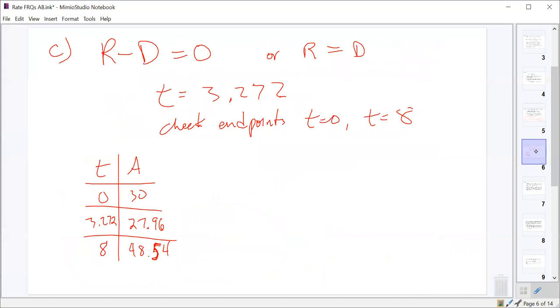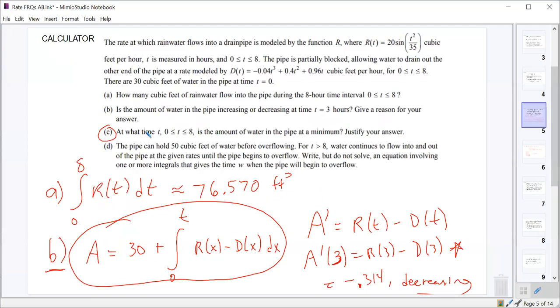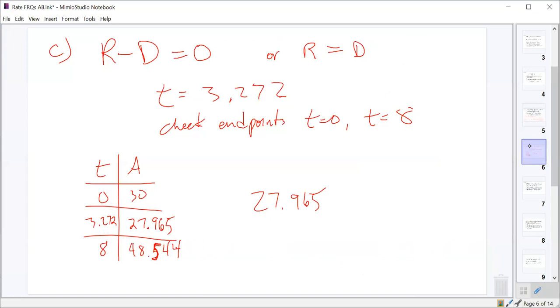Looks like 27.965 and 48.544. And so our absolute minimum was the smallest one, which was 27.96. And it said, at what time is the amount at a minimum? So we would say at t equals 3.272. Everybody good with that for part C?